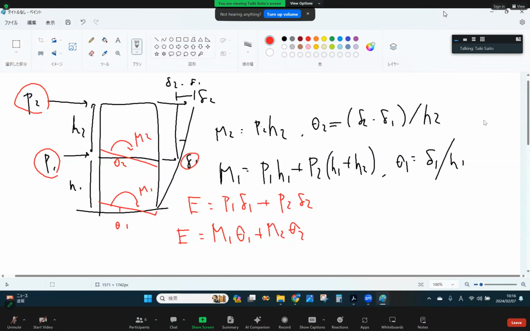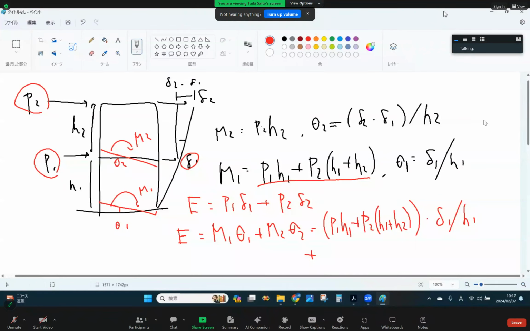And I think the two equations are equal if we input M1 is P2H2, right? So this is M1, no, M2, sorry. P1 H1 plus P2, H1 plus H2 multiplied by theta 1 is delta 1 over H1.